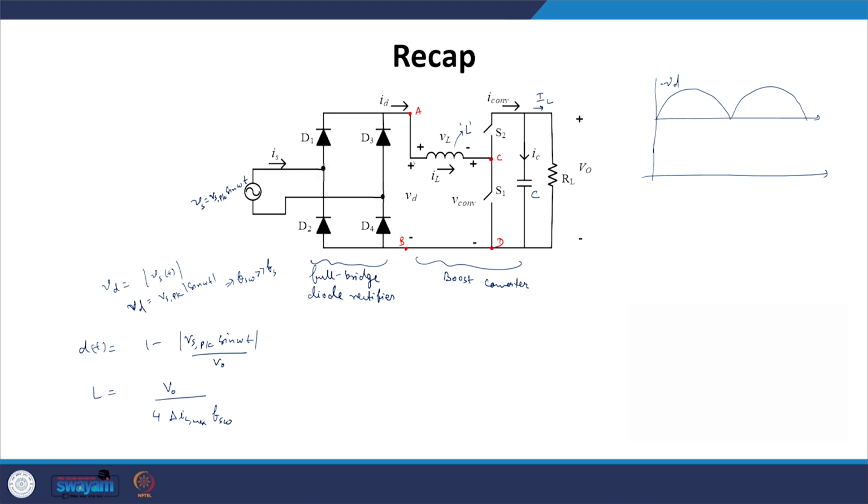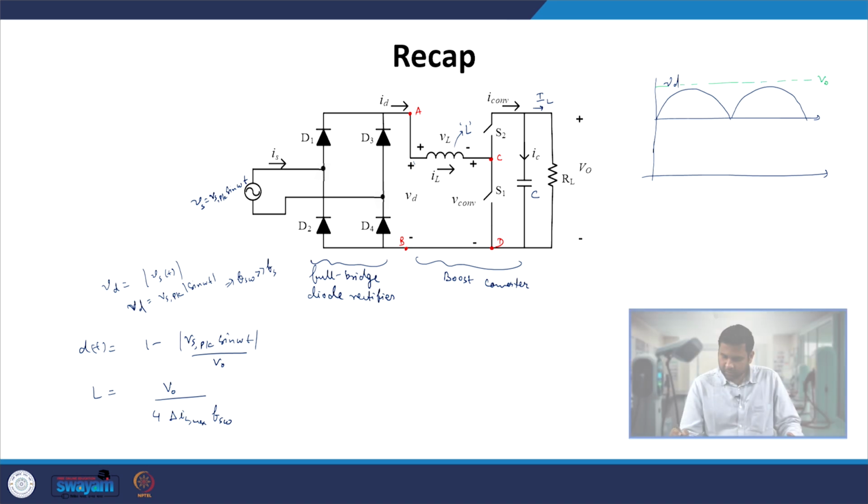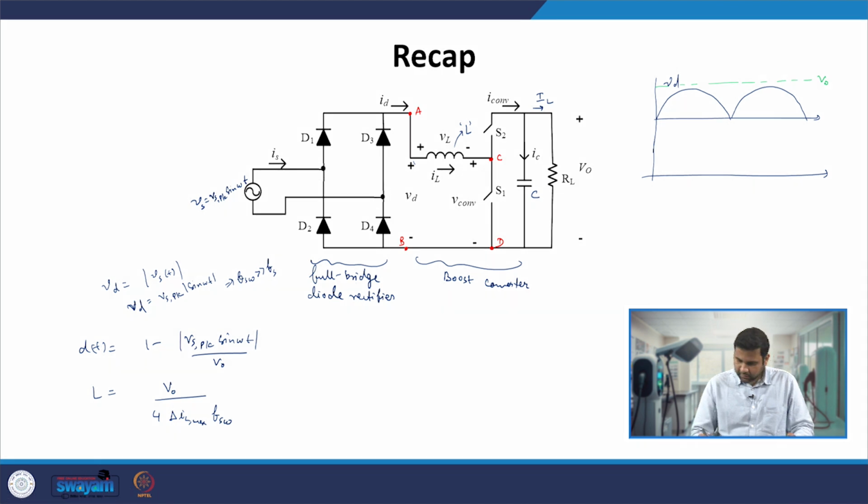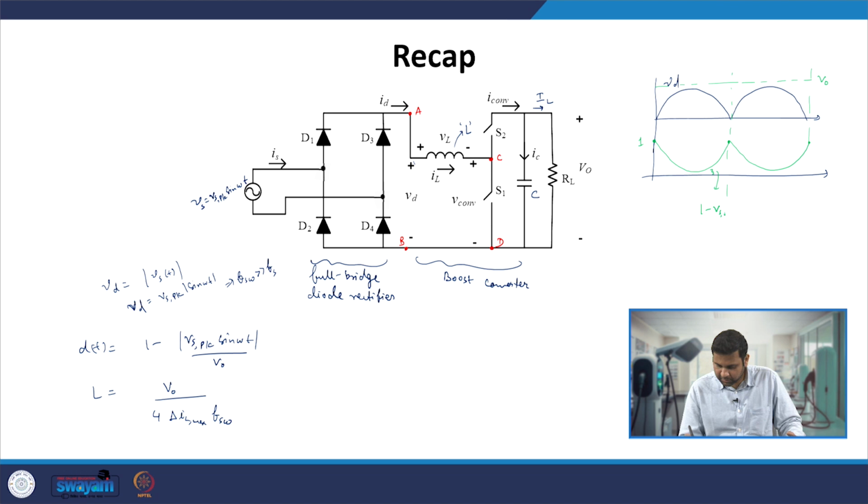If we assume our output is a constant V0, then our duty ratio varies from 1 going near to 0, then comes back to 1, and then again goes near to 0 and comes back to 1. The minimum value is 1 minus Vs peak divided by V0.